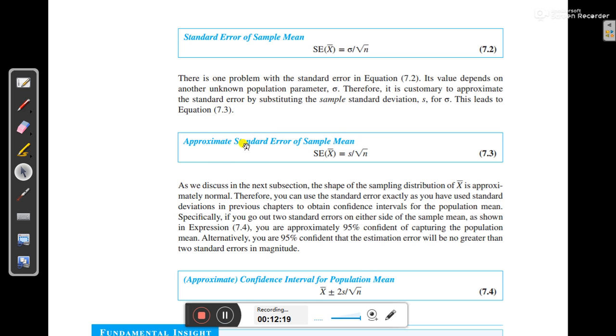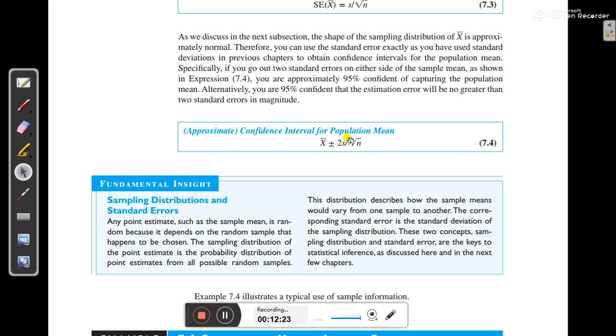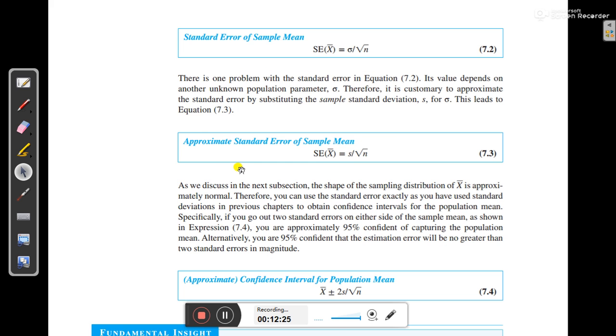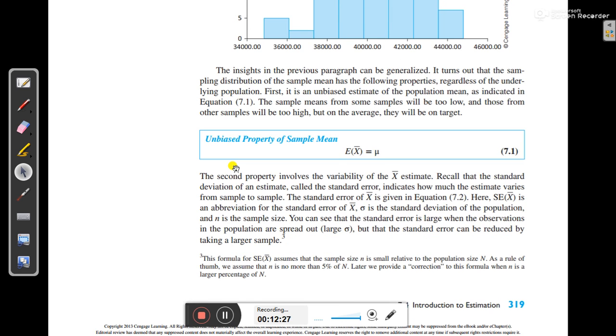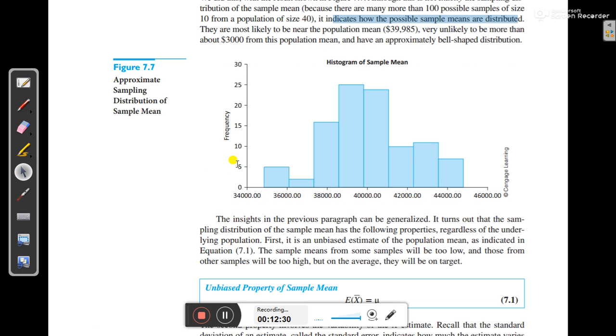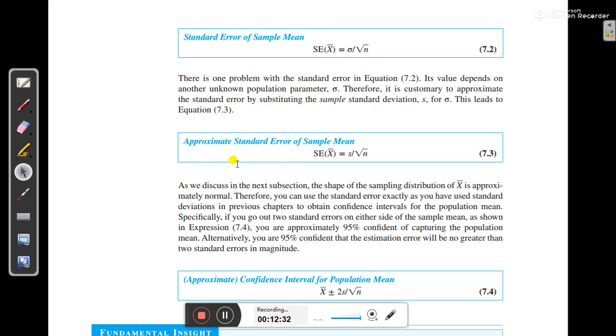So, the approximate standard error of the sample mean, and again the confidence interval for the population mean. These are the key terms you need to understand whenever you are trying to understand the sampling distribution and mean.